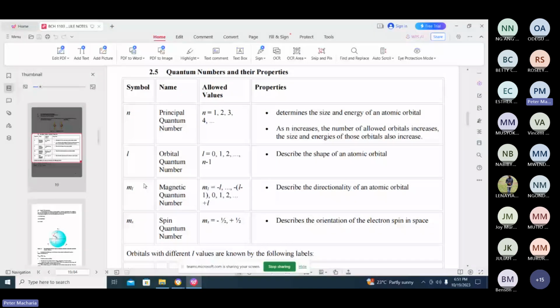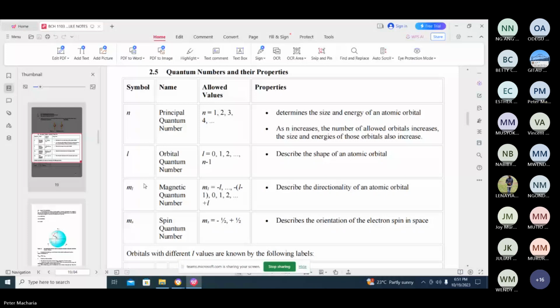Those are how many? 5. That is why the D sub-level has 5 orbitals, and that is why it carries 10 electrons.